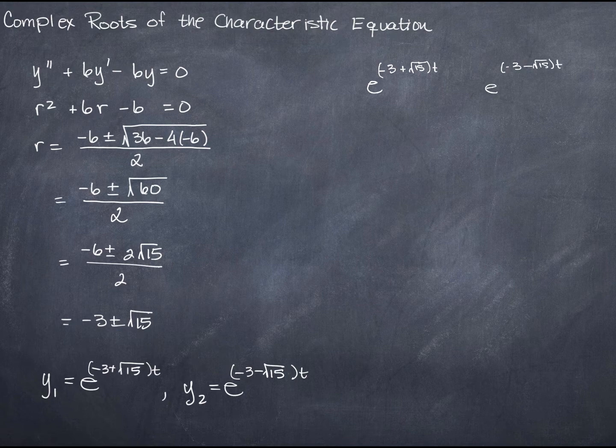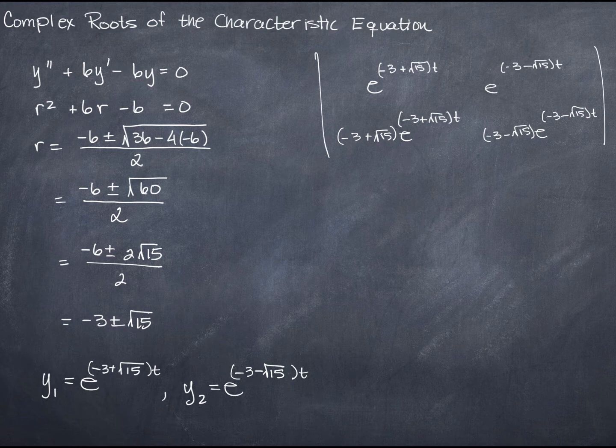And then the derivatives of those are negative 3 plus root 15 times e to the negative 3 plus root 15 times t, and negative 3 minus root 15 times e to the negative 3 minus root 15 t.